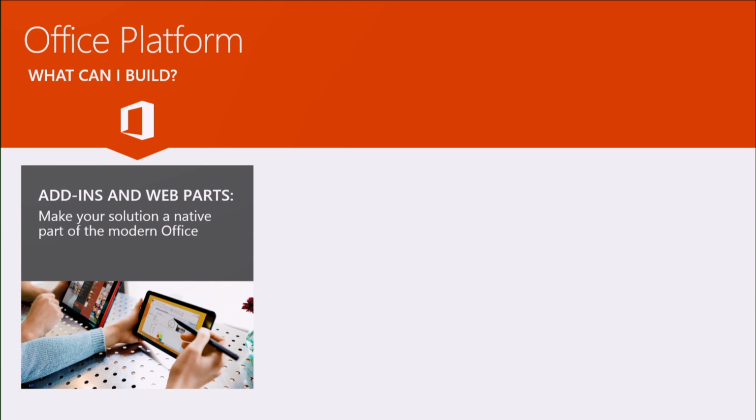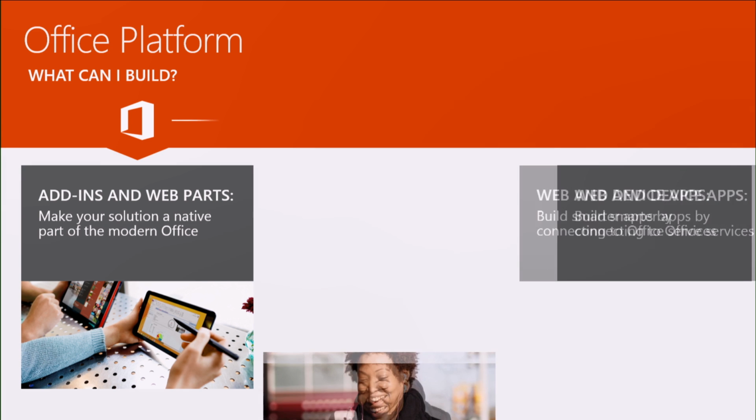The Office Development Platform has 3 main pillars in which we are enabling developers to extend Office 365 with custom capabilities. The first one is how do you integrate your solution, your custom functionality natively into the different Office clients. This is done through add-ins and web parts in SharePoint.